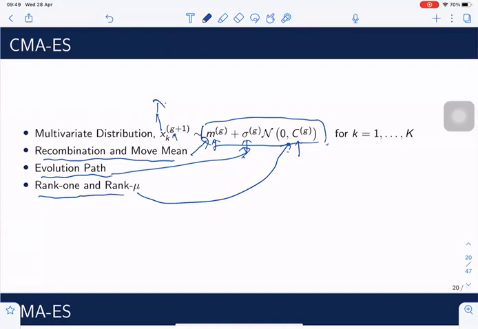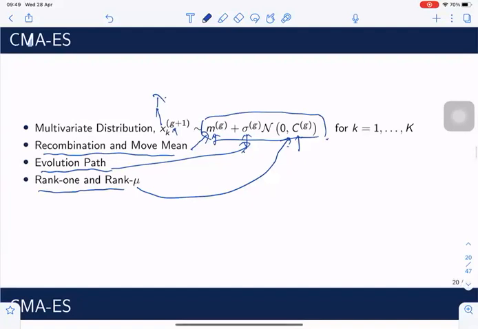In this way, the CMA-ES is benefited by the information from the entire population and the information about the correlation between each generation. And I think because of rank 1 and rank mu, it's a kind of a balance between the exploration and the exploitation.